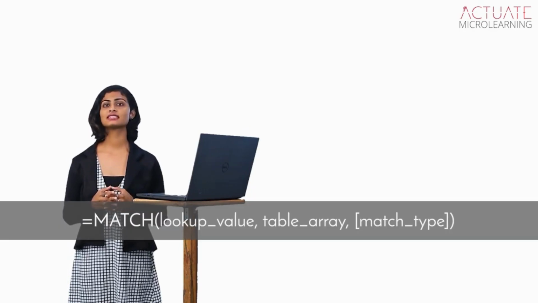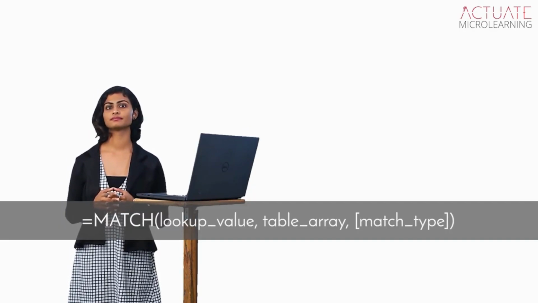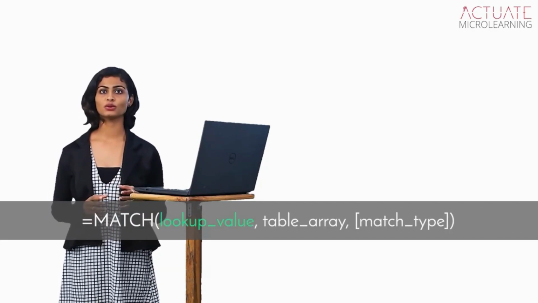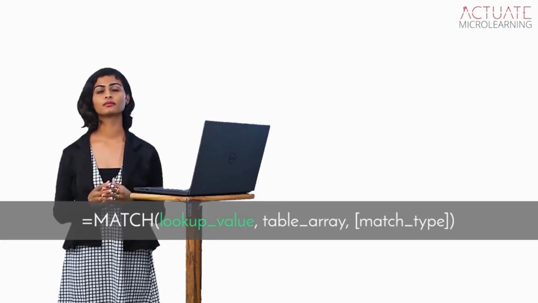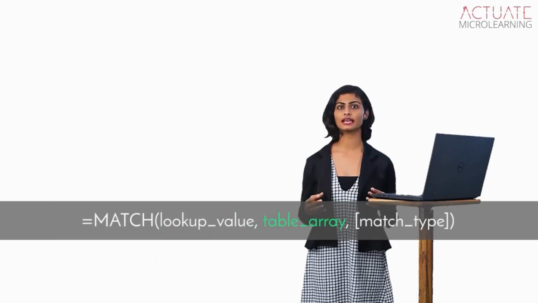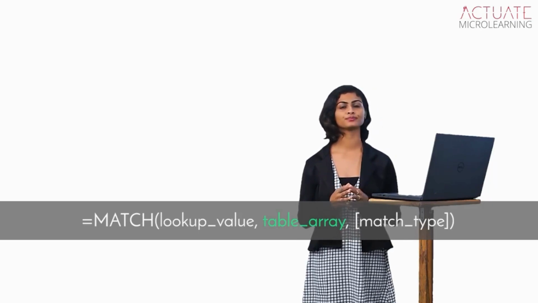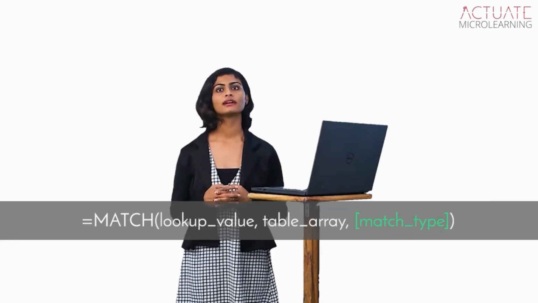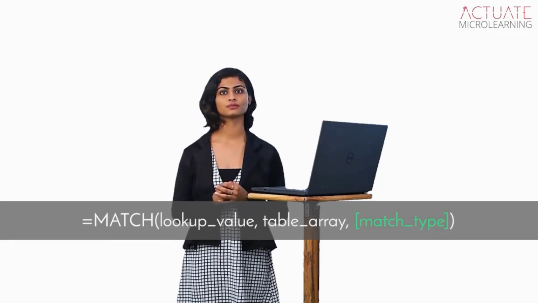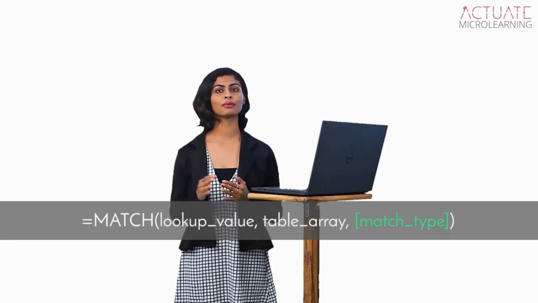Let us look at the syntax of the match function, where the lookup value is the value we want to find and is the required parameter. Table array defines the cell range we want to look at and is a required parameter. Match type defines the type of match you want. This is an optional parameter.